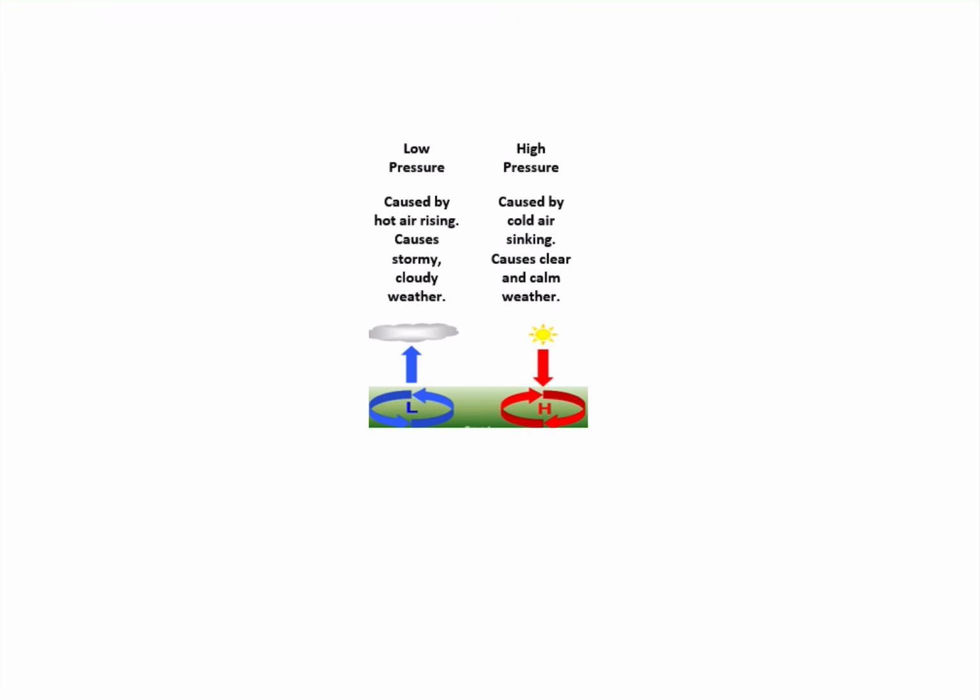So if you're in low pressure, it's often going to be caused by hot air rising, so we're going to expect lots of stormy, cloudy weather. High pressure, so when you've got your cold air sinking, so it's going to create this clear, calm weather. My top tip and my little slogan to remember is that winds always blow from high to low. So just remember that when you go in to explain that diagram in the exam.